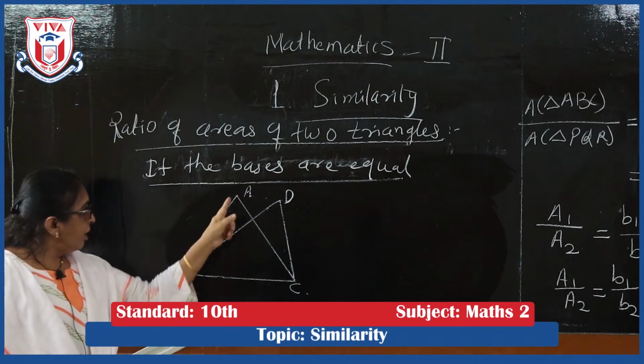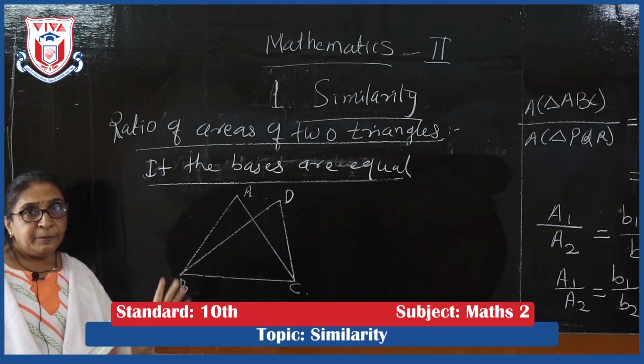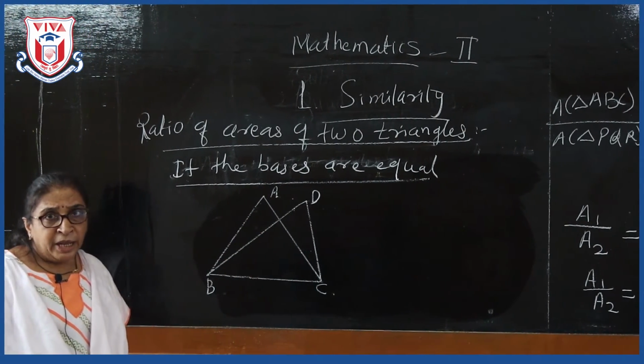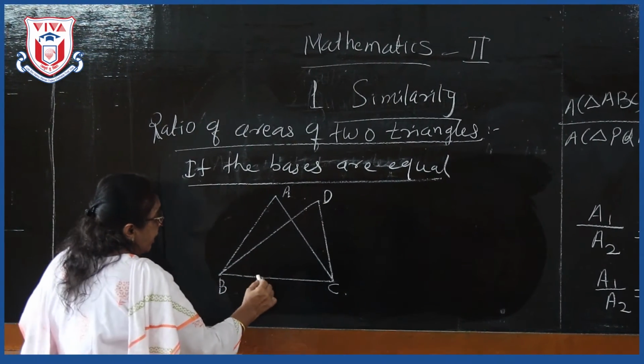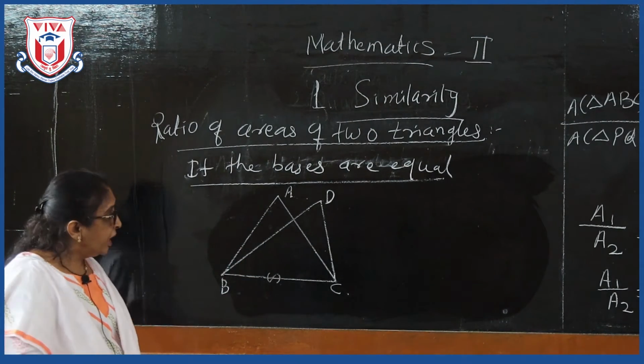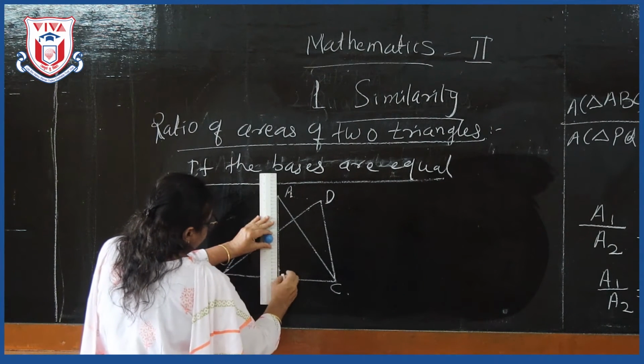Children, you can see here triangle ABC and triangle DBC. Here base BC is common. That means BC will be the common base, meaning the bases are equal. They will have different heights.